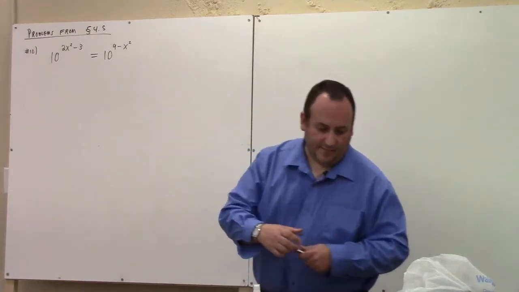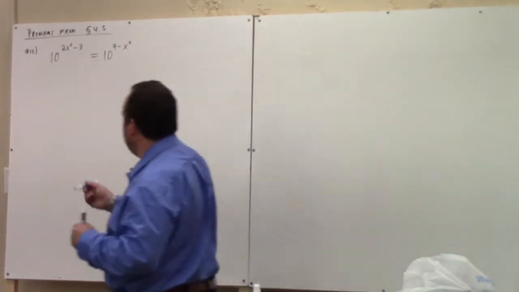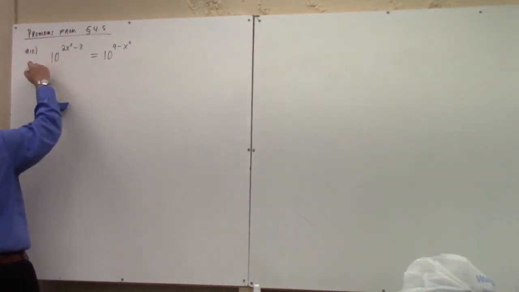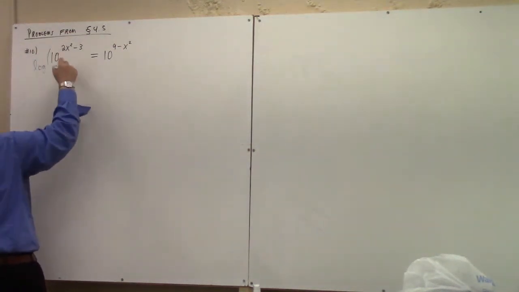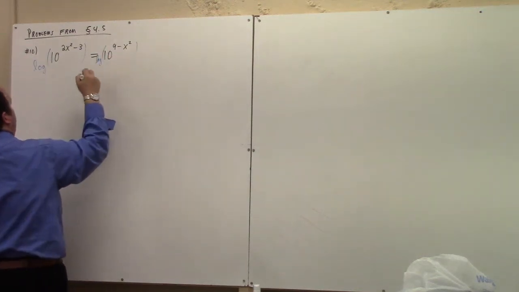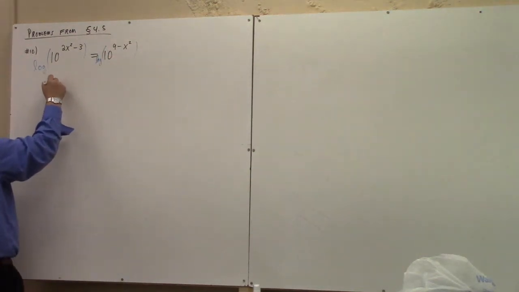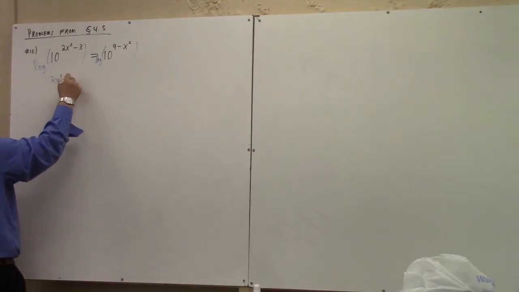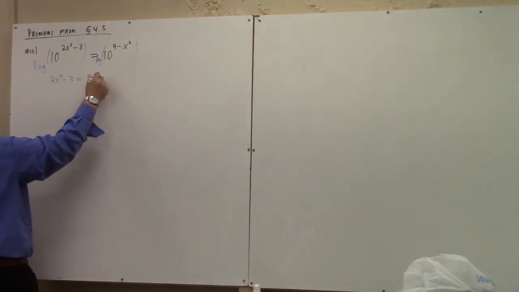And if we do that, what happens? Just calculate the common log of both sides. That gives me 2x squared minus 3 equal to 9 minus x squared.